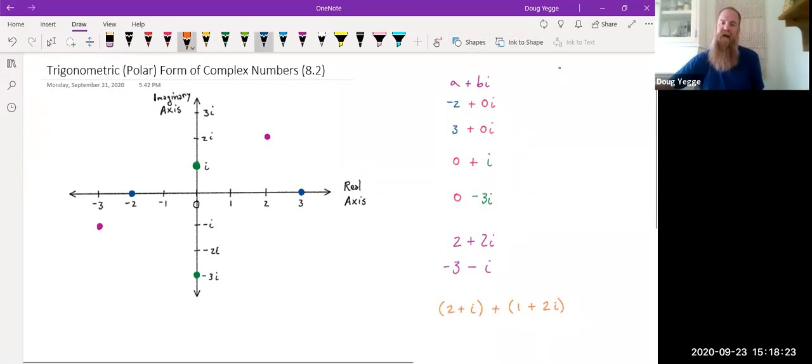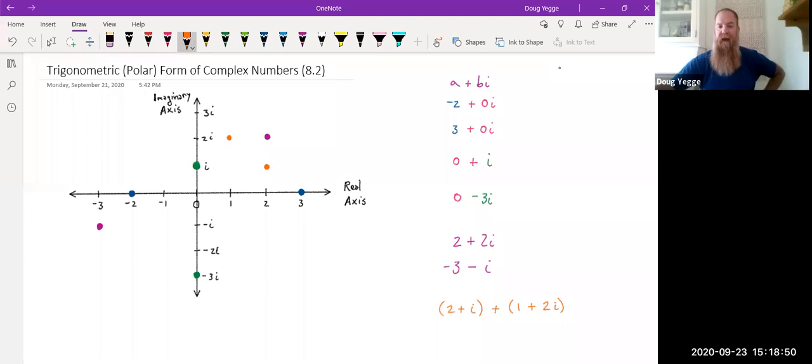But this isn't actually all, because what if I wanted to now graph this complex number down here, which is the sum of two other complex numbers? Well, let's start off by looking at 2 plus i. 2 plus i would be this location. And 1 plus 2i would be 1 in the real direction and 2i in the imaginary direction.